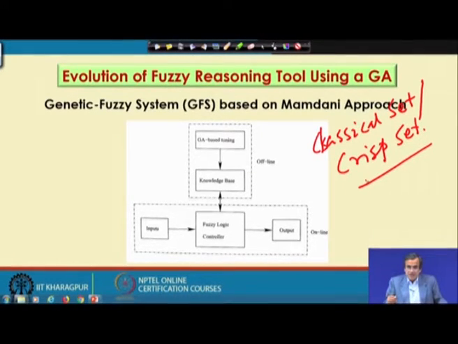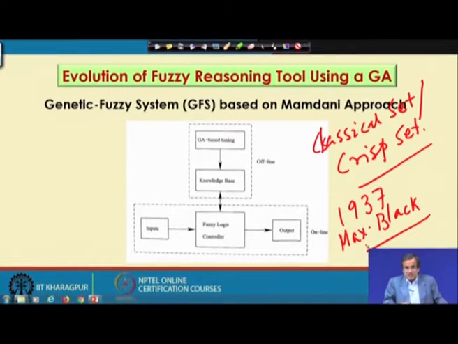Then in the year 1937, something happened: one American philosopher, Max Black, gave the concept of fuzzy sets, and the moment he did, he was opposed by the traditional mathematicians who believed only in the crisp set or the classical set.